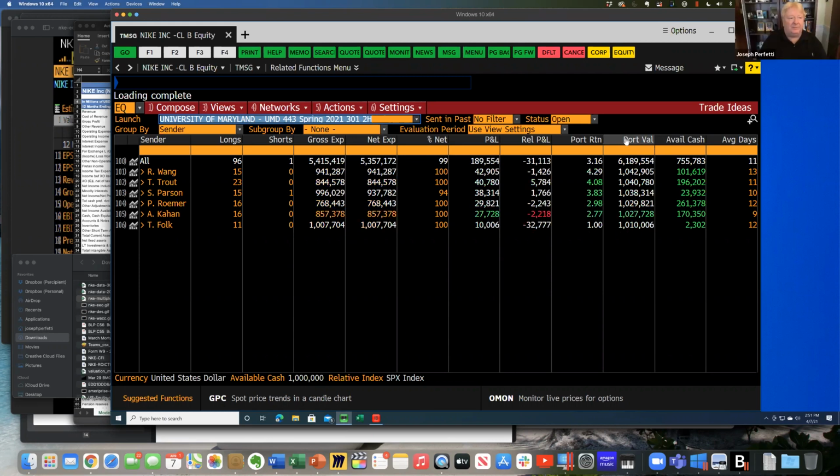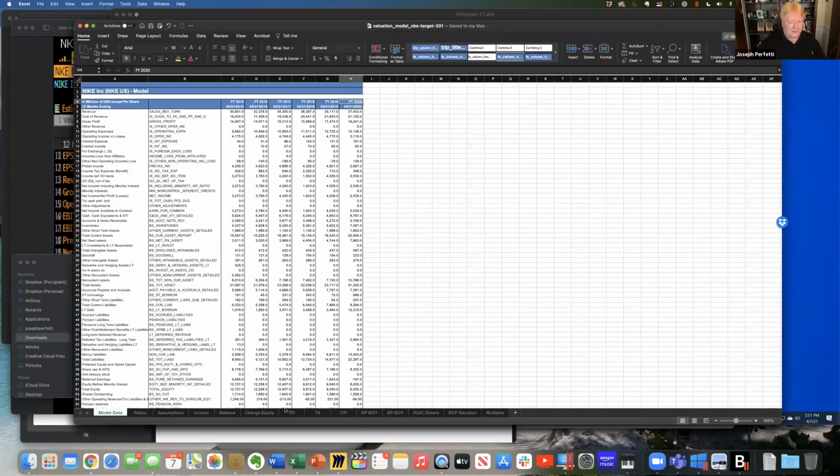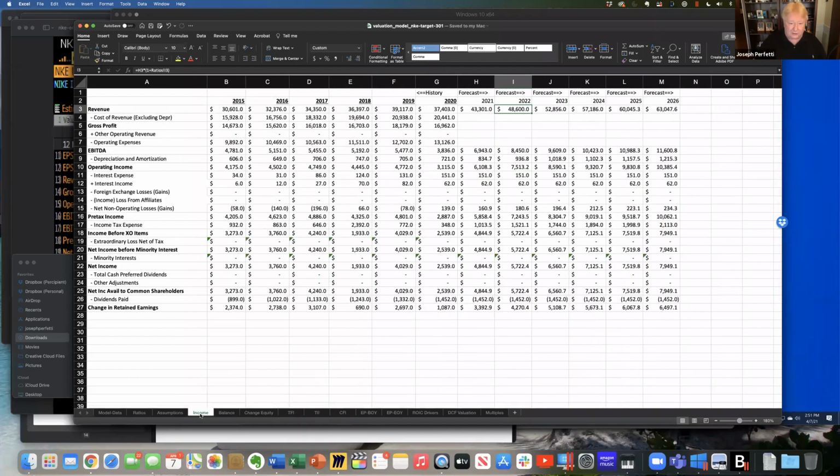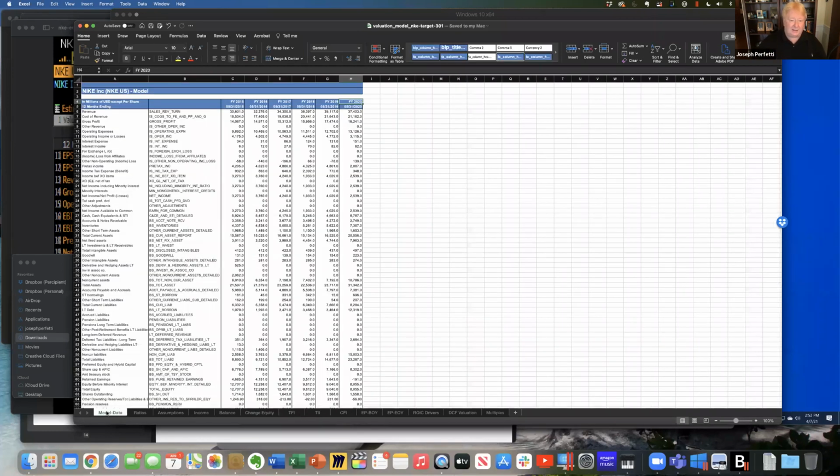Well, the TII and the TFI are probably pulling from the correct years because they're tied to the income and balance tab. So they're always in sync. So this is set up to pull from this, and you're not changing the structure of these tabs. The TII and the TFI should work. It just means that there's probably something here where you just copied and pasted the wrong column.